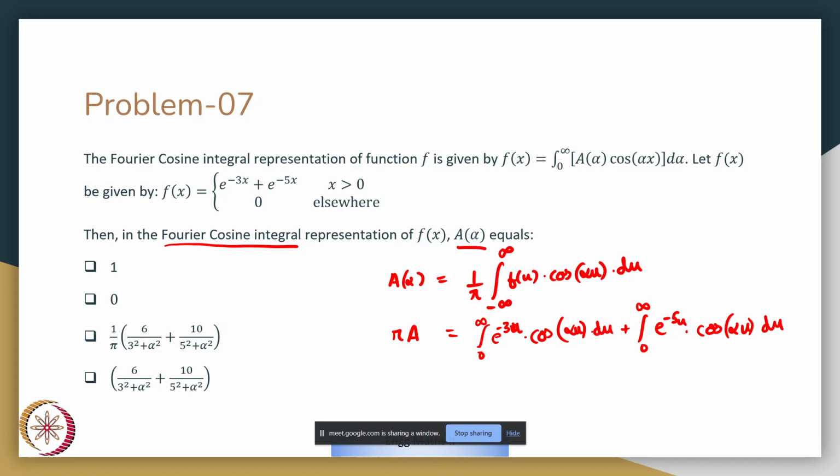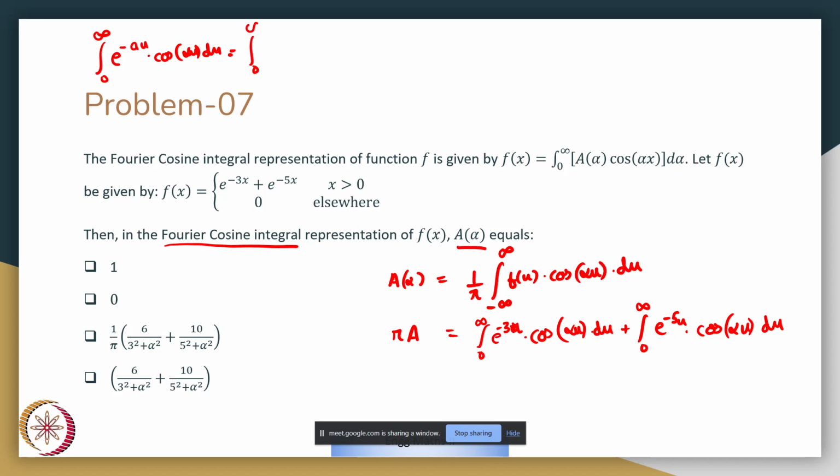Both of these look very similar except for this particular coefficient. So as a trial problem, we'll look at integrating e raised to minus au cos of alpha u du, and once we have this value, we'll just substitute a equal to 3 and a equal to 5 in the case of our problem.